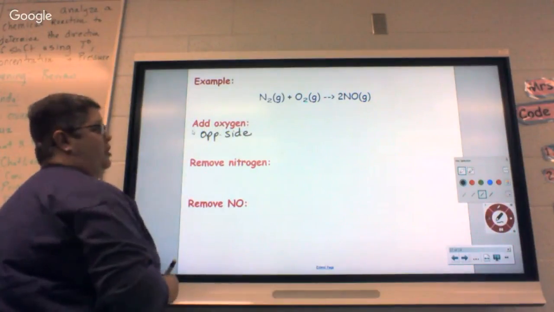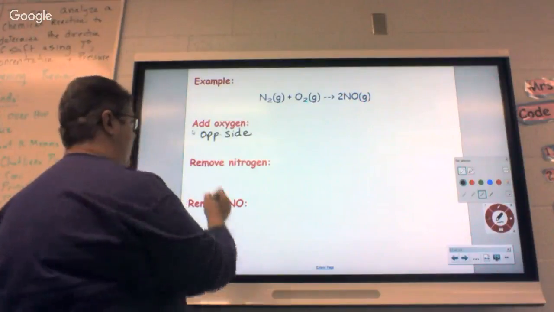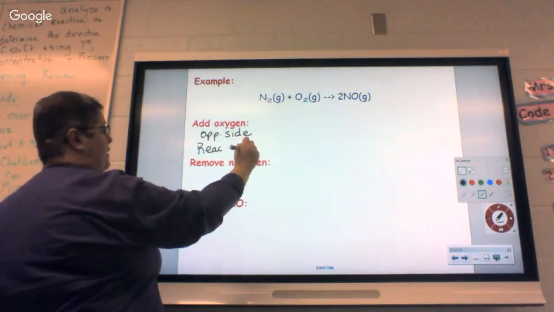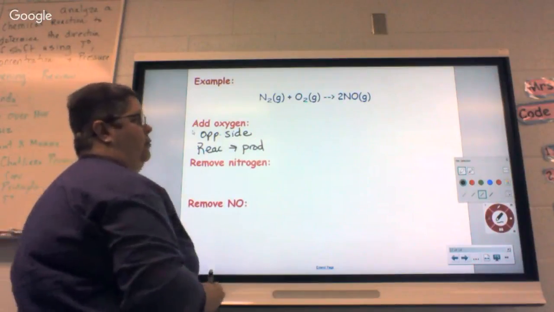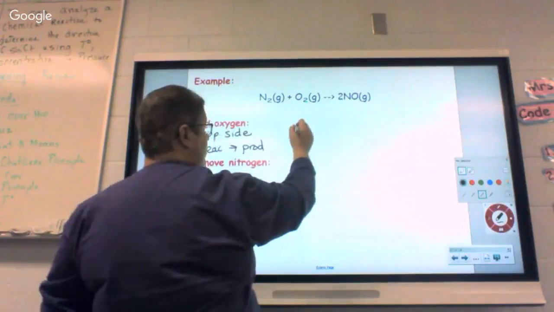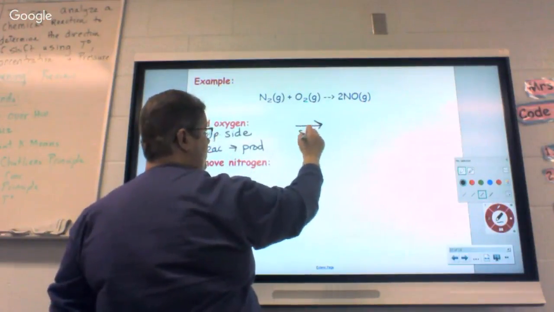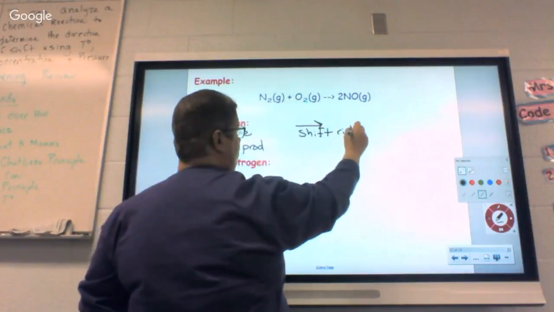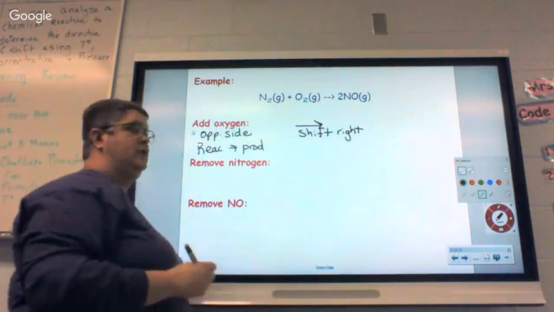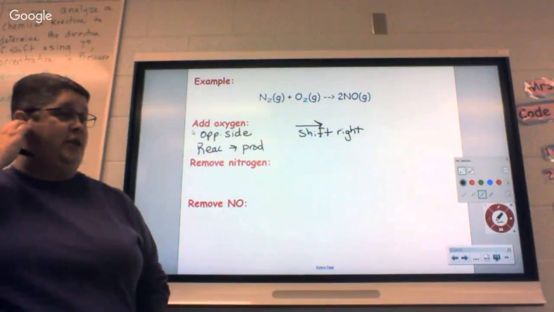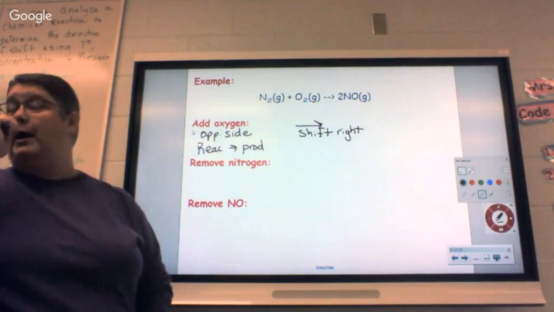So what side is oxygen on? It's a reactant, so we're going to the product side. That means we're going to shift right. In order to get back to equilibrium, this reaction has to shift to the right.